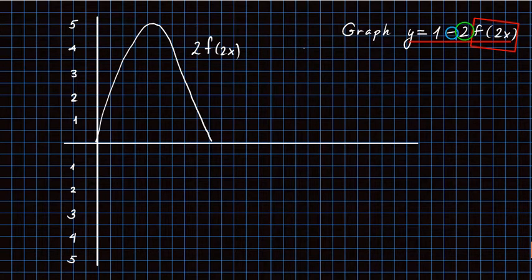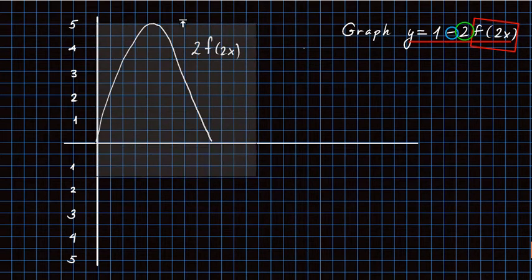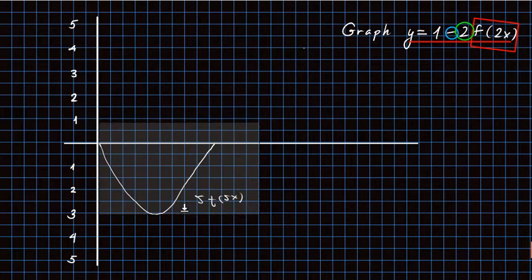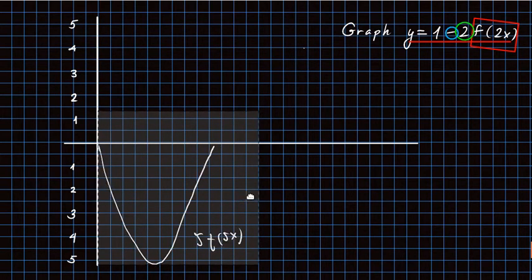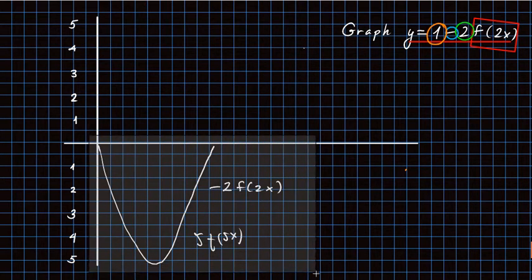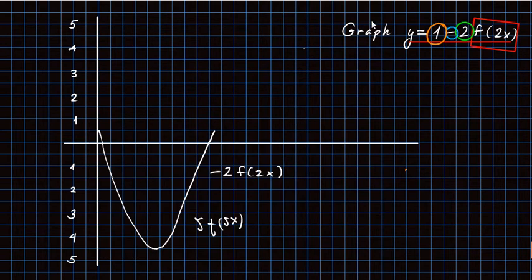It reflects across the x-axis. So I get something on the other side, and this graph is minus 2f of 2x. The last thing I do is add 1. What does adding 1 do? It shifts upwards by 1. So this is the graph of 1 minus 2f of 2x.